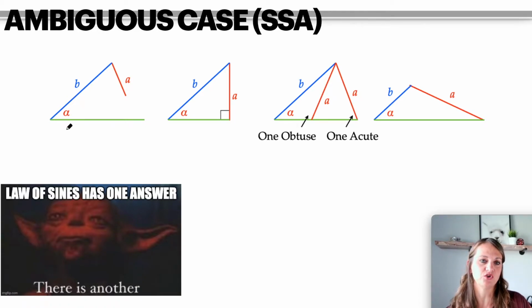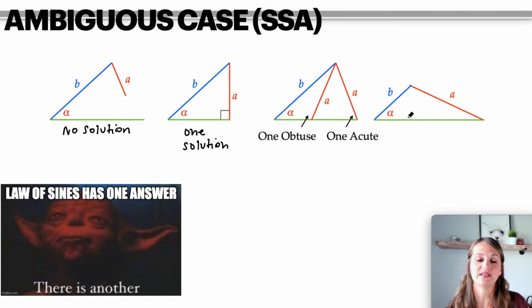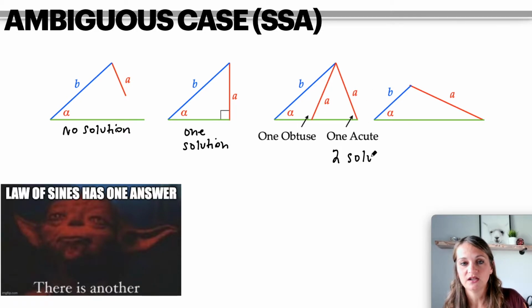So there are a couple of cases that happen. This could be a case where there is no solution, meaning that the triangle is not even possible to happen. You could get a case where there is a right triangle, where you're going to have only one solution because it's a right triangle. And then you could have the case where the arm could actually swing out and you could have two solutions.